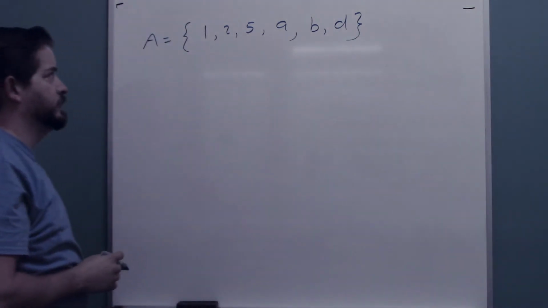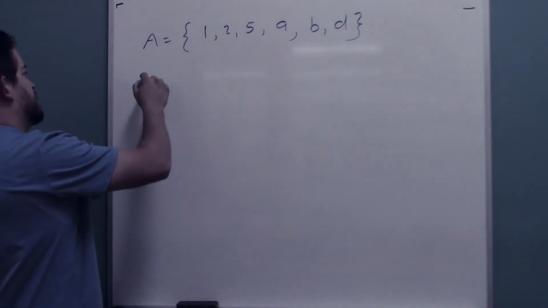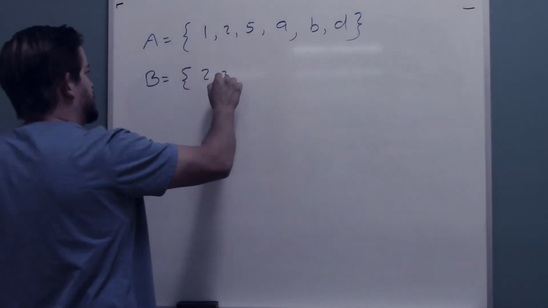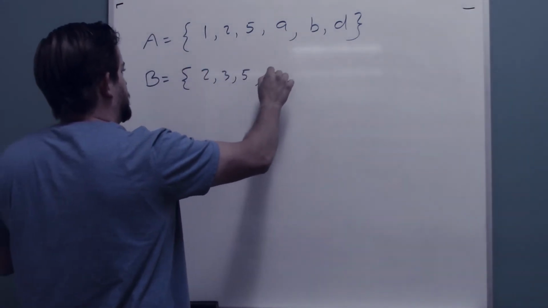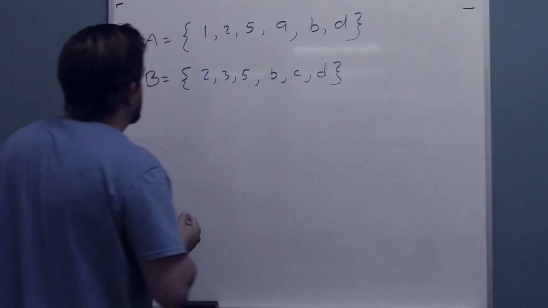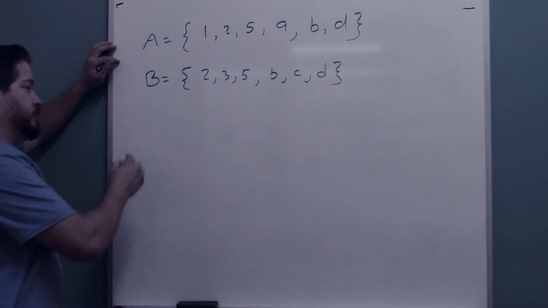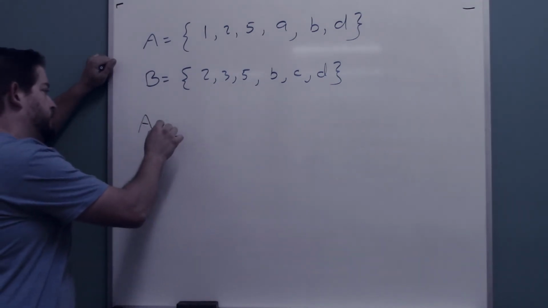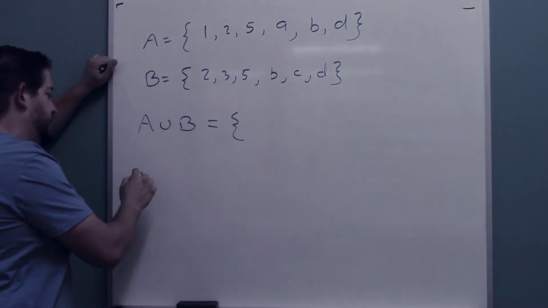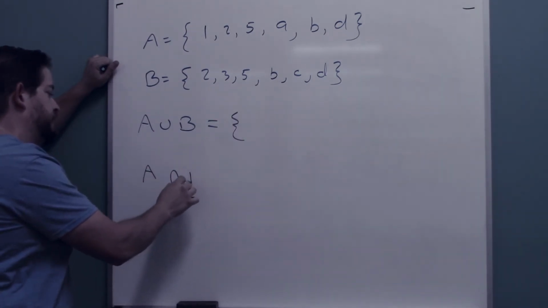Right. A is 1, 2, 5, A, B, D. Let's say B is 2, 3, 5, B, C, D. So you might be given these, and you might be asked to then find A union B, and you might be asked to find A intersect B.